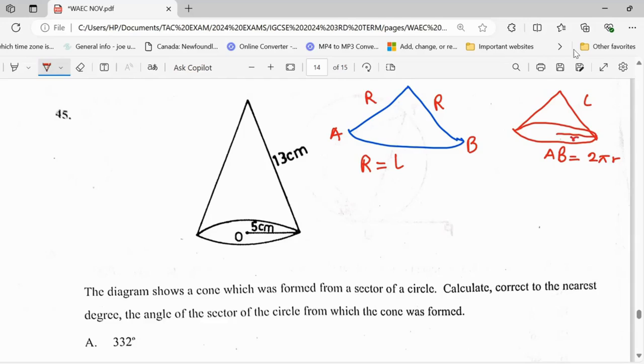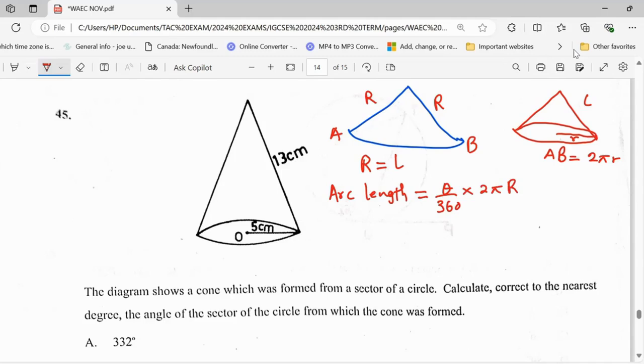So this length AB, length of arc, becomes 2 pi r. And we know that length of arc is given as theta over 360 times 2 pi R, where this big R is referring to the radius of the sector.